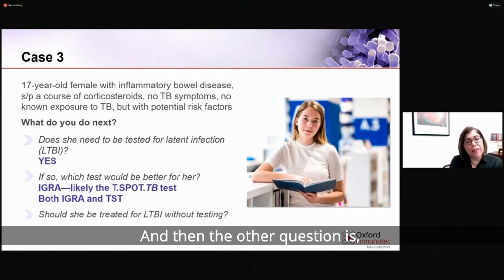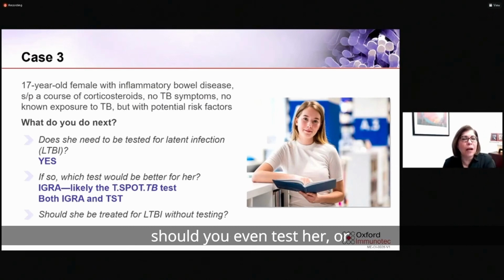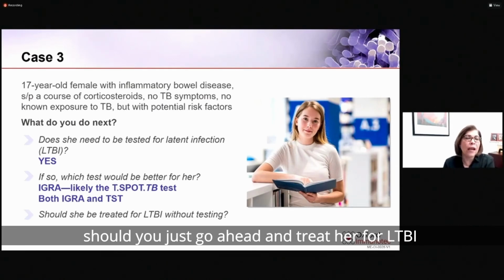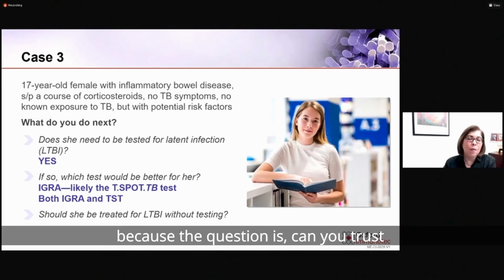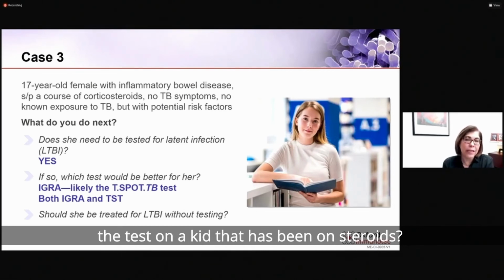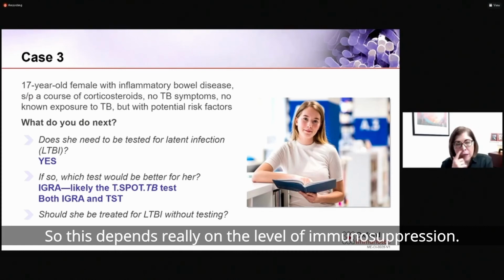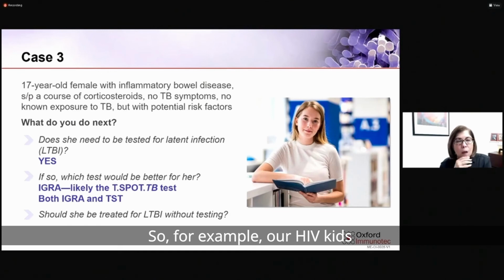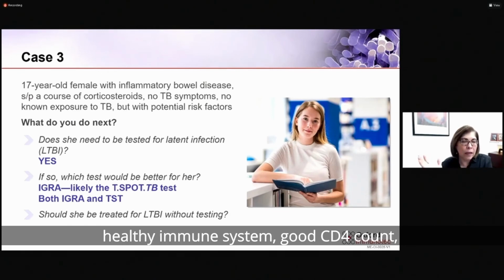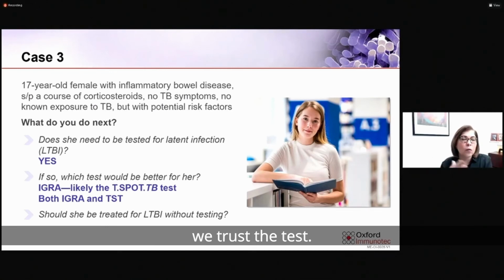And then the other question is, should you even test her, or should you just go ahead and treat her for LTBI? Because the question is, can you trust the test on a kid that has been on steroids? This depends really on the level of immunosuppression. For example, our HIV kids that are on therapy, that have a healthy immune system, good CD4 counts, we trust the test.